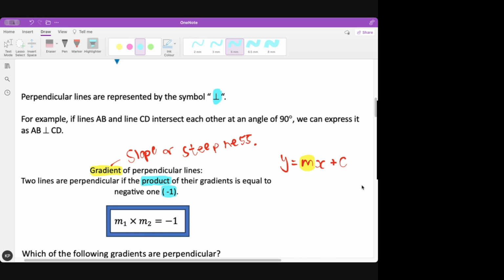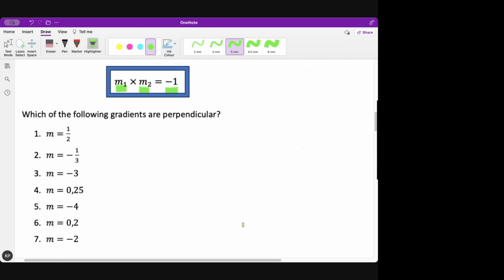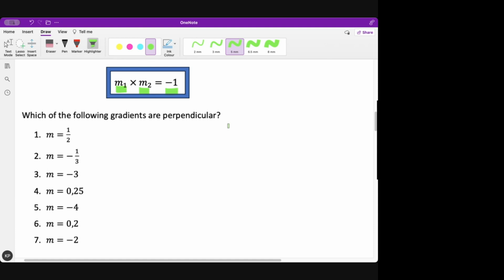So that's a fourth method that we can use to find out if lines or graphs are perpendicular. Here is just a notation that we use where you say m1, or gradient 1, times gradient 2 is equal to -1.